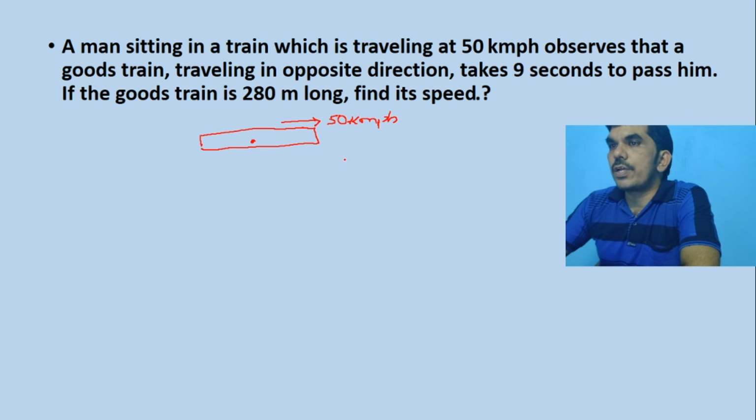Now a goods train comes in the opposite direction, and this goods train crosses this person in 9 seconds. In the 9 seconds, this train is also moving in this direction, as well as the goods train is moving in the opposite direction. So instead of considering the effect of the passenger train and goods train separately, we will consider the effect in terms of relative speed.